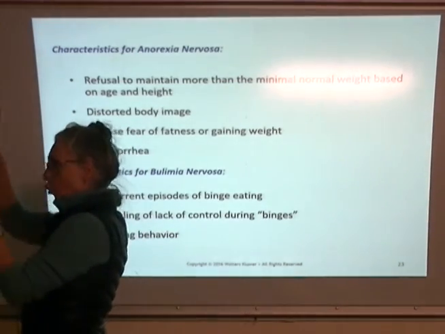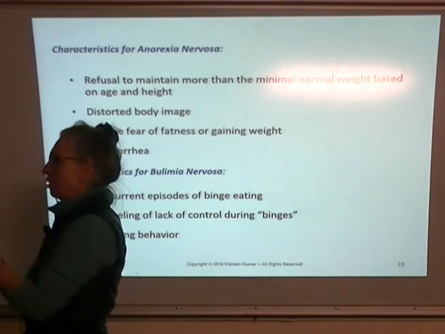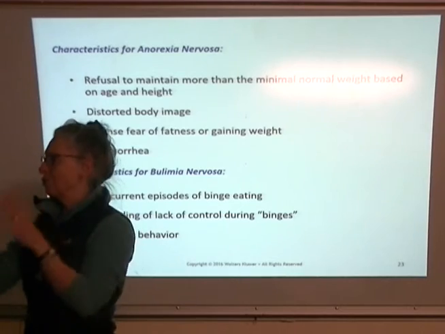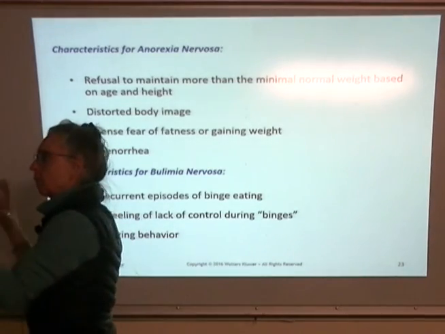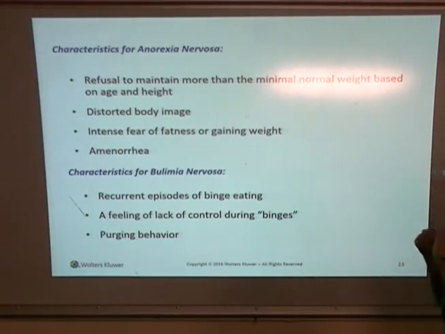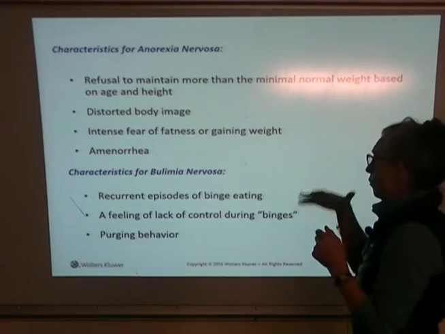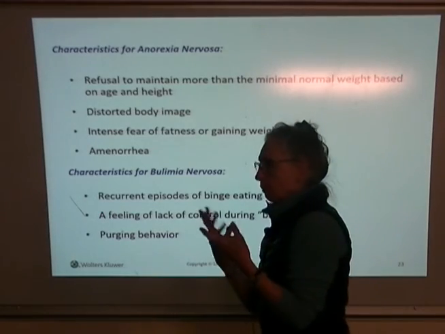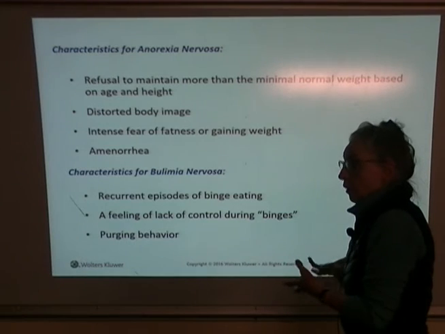And the drawing on the mirror had no representation of the person doing the drawing, right? They would draw this round kind of, very, very strange. They're absolutely petrified of putting on half an ounce, and they will be amenorrheic because their body just doesn't have any energy to waste on a menstrual cycle.